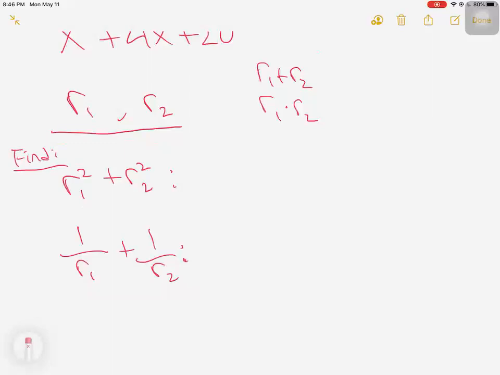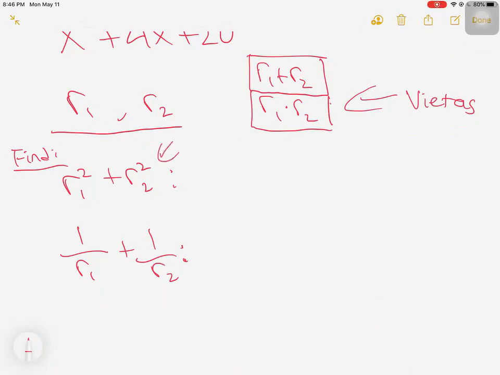The key to both questions is to express both of these expressions in terms of these two basic expressions, because we know both of these values from Vieta's. But we want to find this value in the end.